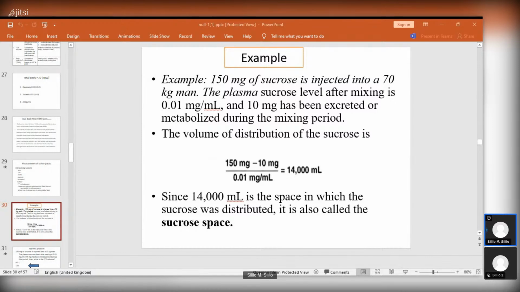The volume of the sucrose solution. So what is our new volume? The mass of this remains the same, 150 milligrams.